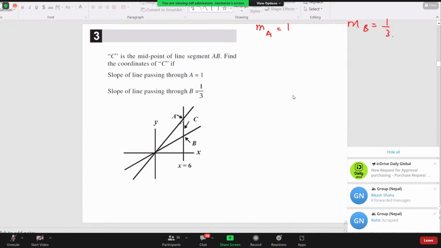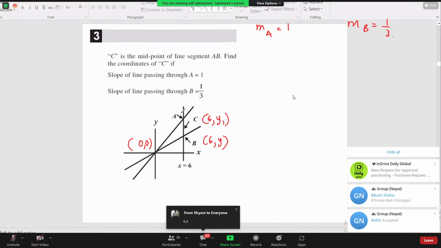Now, if you notice this figure, you will see that x equals 6 is given. These lines are passing through A, B, and C, and they are also passing through the origin (0, 0). So the coordinates of B will be something like (6, y), the coordinates of C will be something like (6, y1), and the coordinates of A will be something like (6, y2), because they are falling on the line x equals 6.